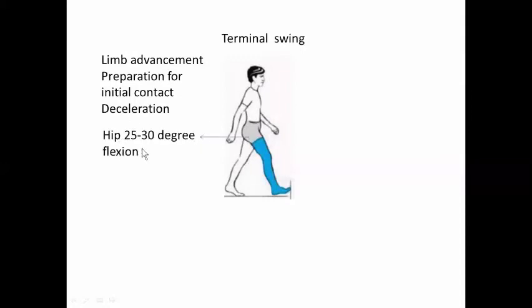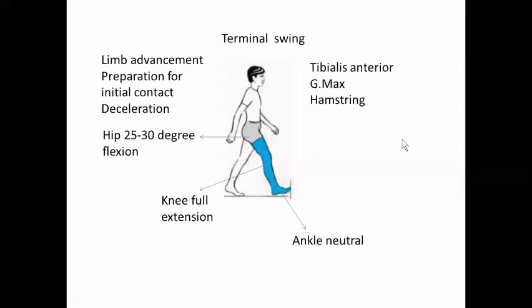In this phase, the range of motion at the hip joint will be 25 to 30 degrees of flexion and the knee in full extension, whereas the ankle will be in neutral position. The tibialis anterior, gluteus maximus, and hamstring are the prime mover muscles to maintain this range of motion.